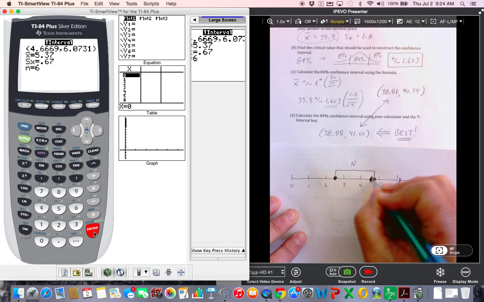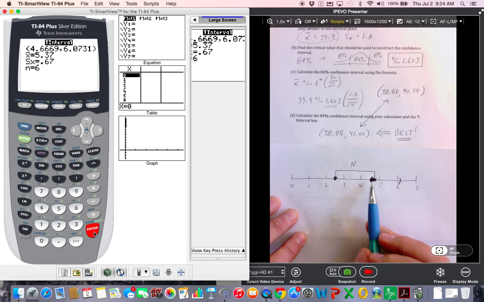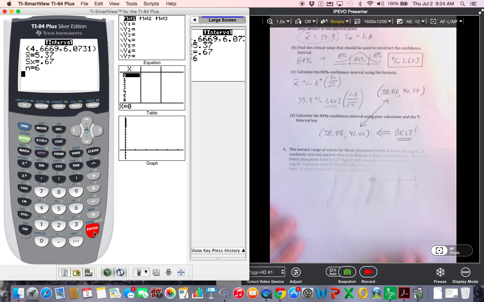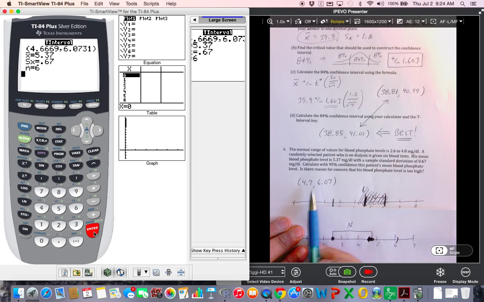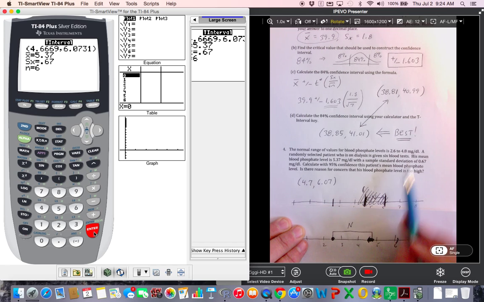Because of that overlap right there, because there's a 0.95 probability this person's mean blood phosphate level falls between 4.7 and 6.07, statistically speaking, we couldn't determine this person has a mean blood phosphate level that's higher than 4.8. We can't determine that statistically.